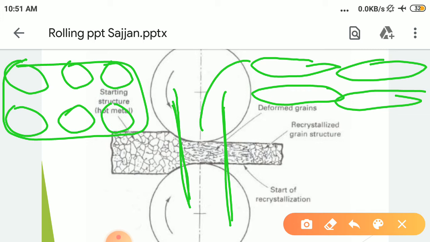Now as this is a hot rolling process, what happens with these grains after this range, or after some time? They start regaining their original physical properties, and that process is known as recovery. So the recovery phase starts like this.